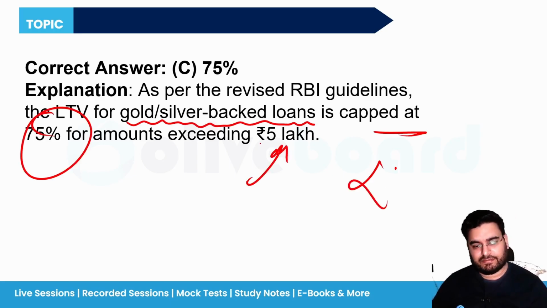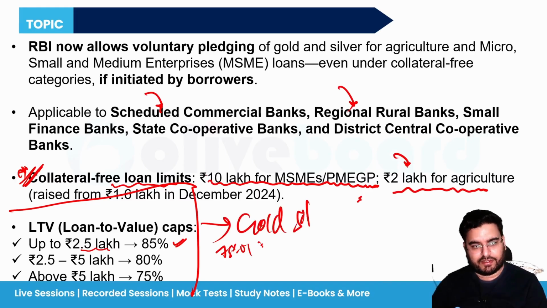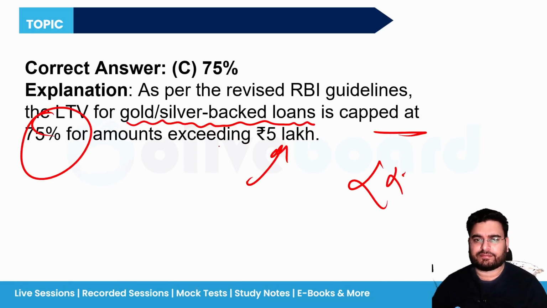If it is less than 5 lakhs or 2.5 lakhs, this is the table. Please remember this loan to value for gold and silver. Got it? Chalo. Now this is very important for those of you who have good amount of gold, and if you want some cash, you can get against this gold and silver.